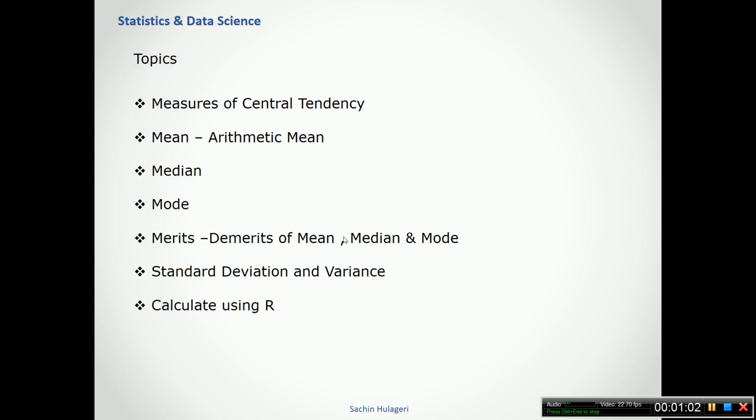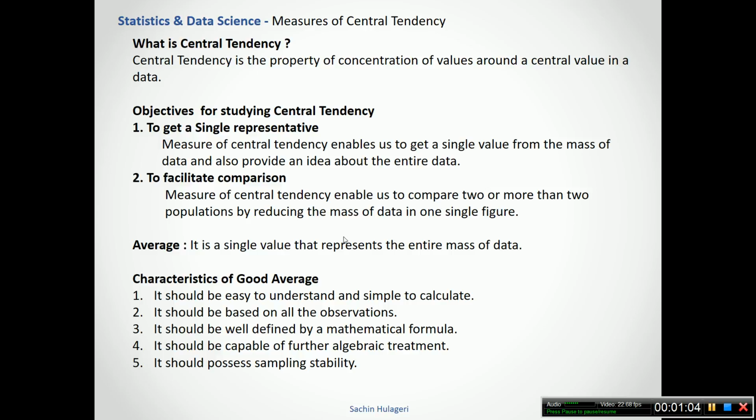Let's go further. What is central tendency? Central tendency is the property of concentration of values around a central value in the data. For example, if I want to know the central tendency of a classroom with respect to height, we say the classroom has an average height of 4 feet 10 inches.